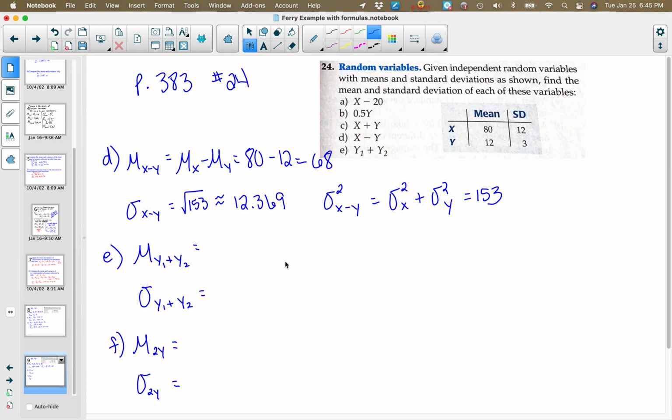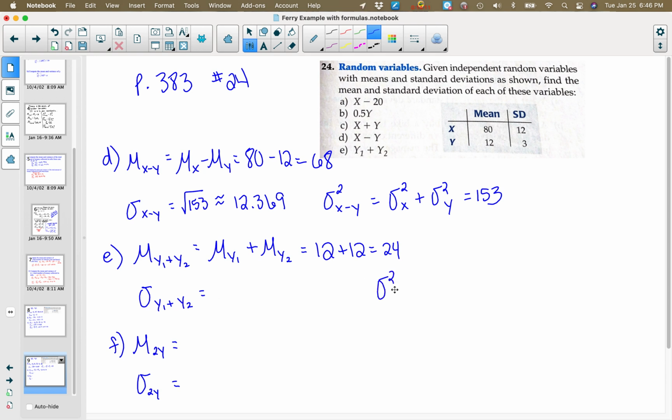On part E, all this means is these are subscripts to just denote that you've got a variable coming from this y and then another one. So mu sub y1 plus mu sub y2 is what you would calculate. Well, that's just going to be 12 plus 12, and we get 24. Then for the variances, again, the standard deviations don't add, variances do.